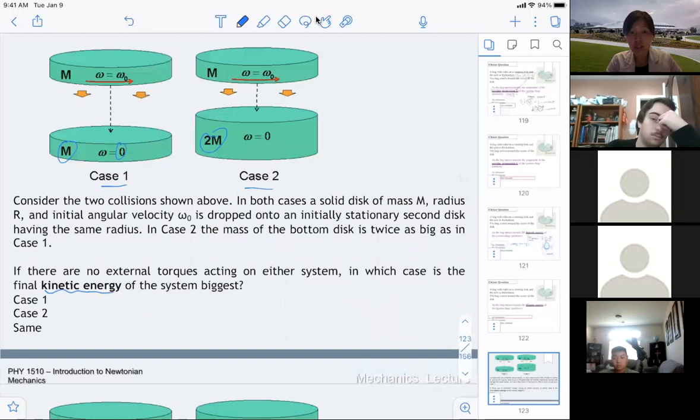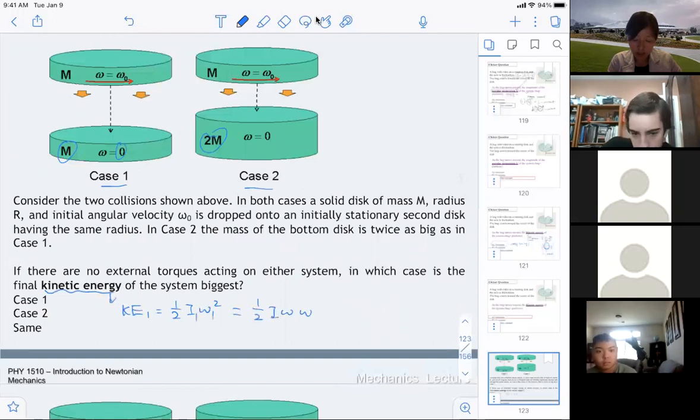So you can see here, we are going to take advantage of that same approach. Kinetic energy in case 1 is 1/2 I1 omega 1 squared. But we're going to write I omega squared as I omega times omega. So I omega together is the angular momentum. So simply angular momentum times omega 1 squared.